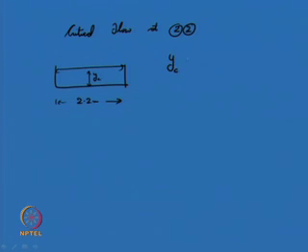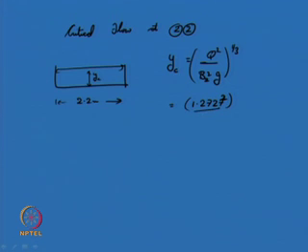Your critical depth is coming out to be (q squared by B 2 squared g) to the power of 1 by 3, which is (1.2727 whole square by 9.81) to the power of 1 by 3, 0.5486 meter.